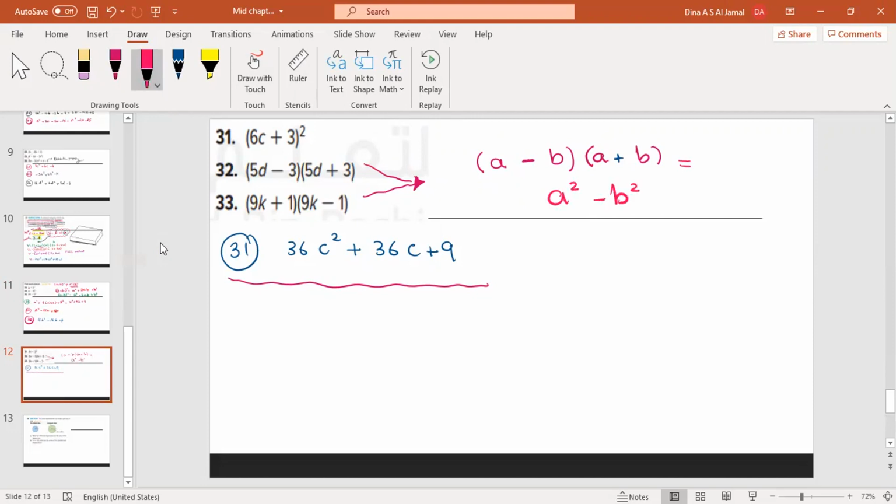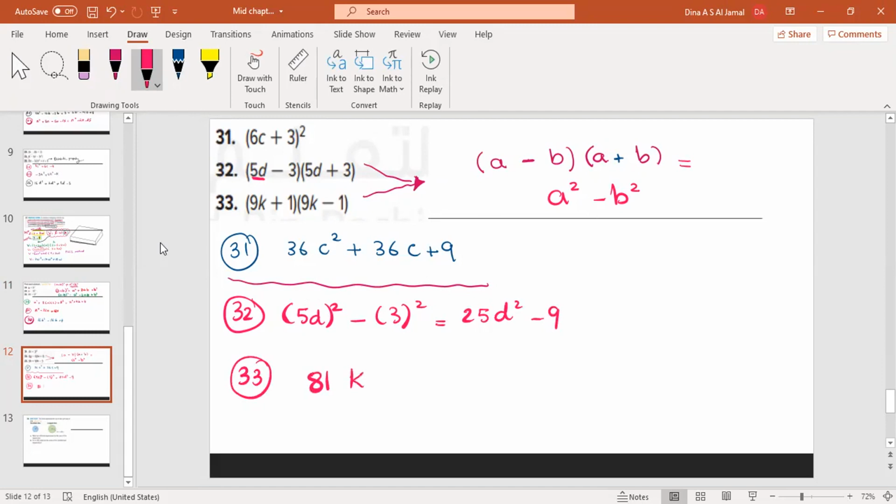So from the beginning, to solve 32, all what you need to do is take the first term, square it, minus the second term, and square it. So it will be 25d squared minus 9. Now let's go to 33. Again, it will be the same way. So it will be giving you 81k squared minus 1.